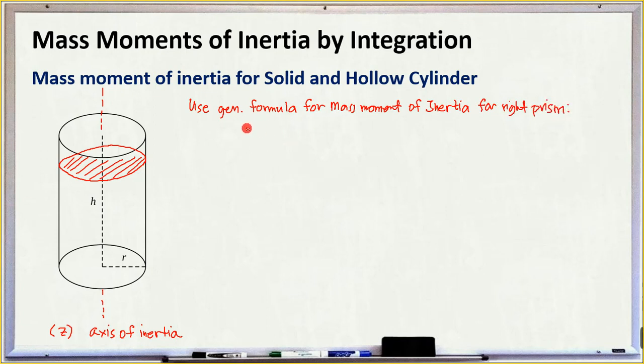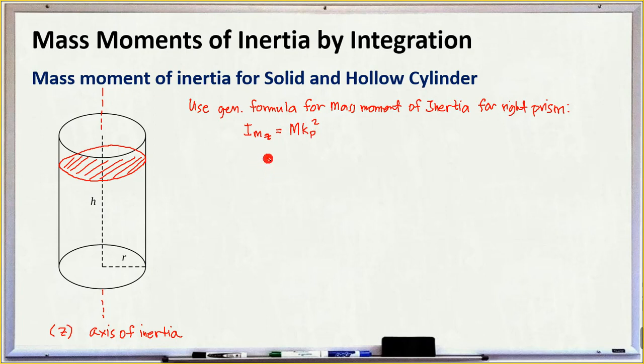Again, the mass moment of inertia for any right prism along the z-axis is equal to the mass of that prism times the polar radius of gyration squared.